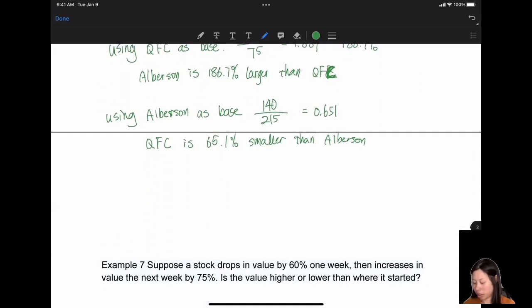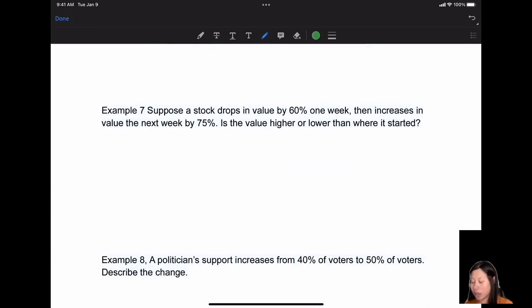So now let's take a look at the next one. Suppose a stock drops in value 60% in one week and then increases in value the next week by 75%. Is the value higher or lower than where it started? To answer this question, suppose the value starts at 100, because that's easier for us to compute.